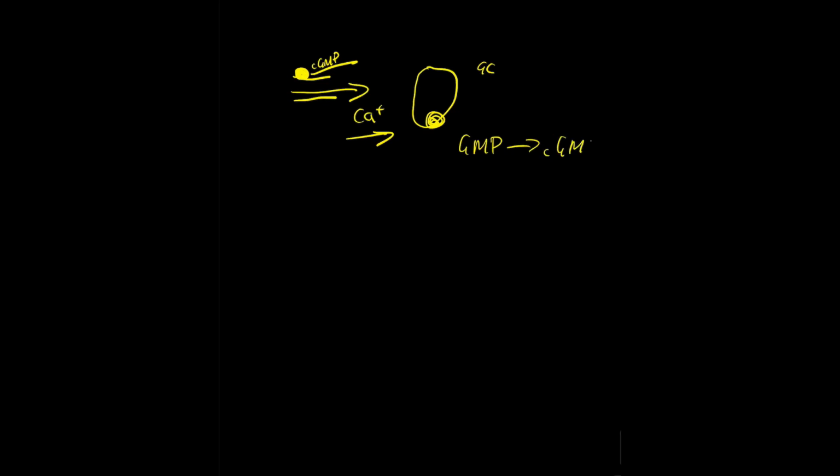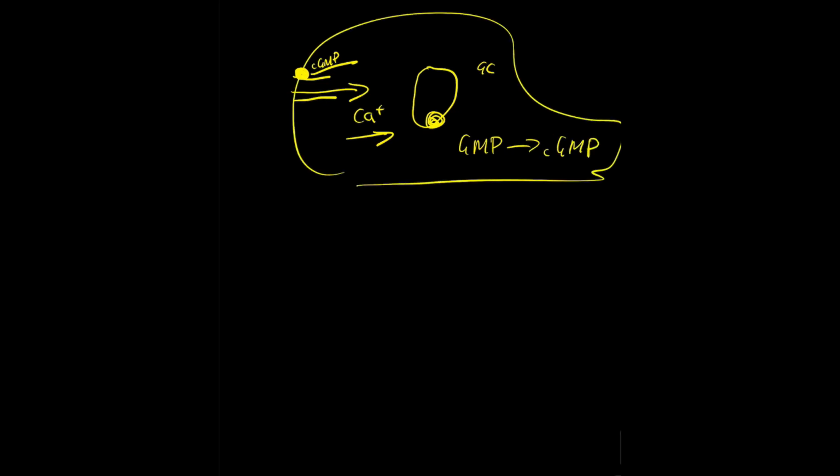As we've talked about previously in other videos, if you don't have cyclic GMP opening, then there'll be no calcium entering into the cell, so the GC protein is uninhibited and you'll be able to produce more cGMP from GMP, and that process occurs all over again, which is why they're able to recover a lot faster.